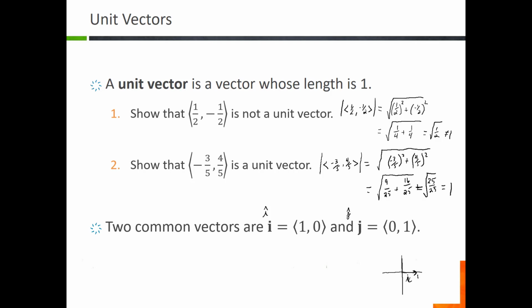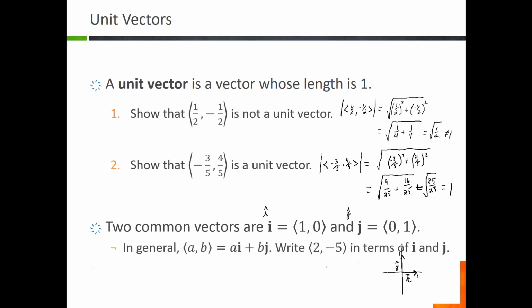So it's going to point 1 unit up in the y direction. And so that would be our j vector. The i and the j vector basically represent the x axis and the y axis. So they're pointing along those two axes.